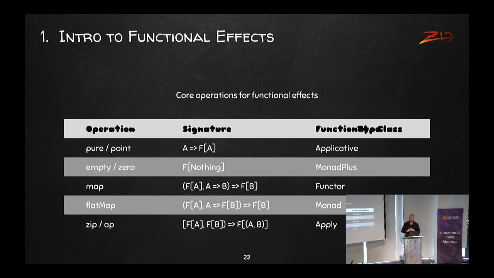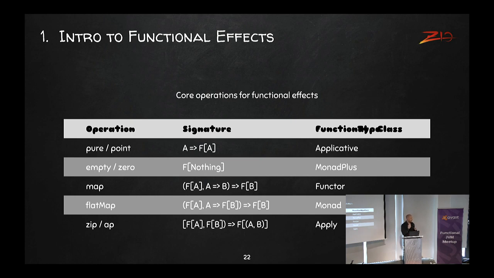Every common operation in a functional effect system has a corresponding type class in functional programming. You don't need to know this, but it is helpful to know this. If you've ever used type classes from cats or Scala Z, you've run into applicative and functor and monad and apply and monad plus and lots of other type classes.